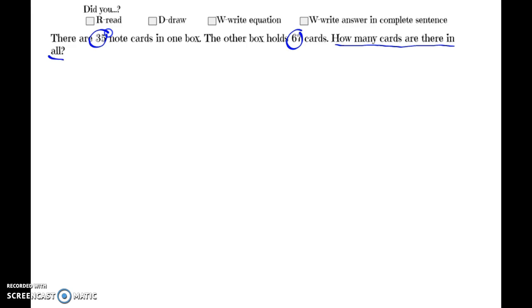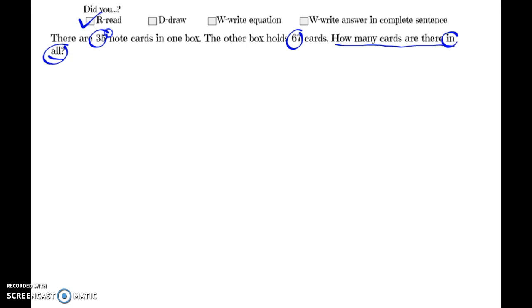Because of the words in all, I know that I'm going to be using the operation of addition. I've now read through my prompt and circled numbers and underlined the important details.